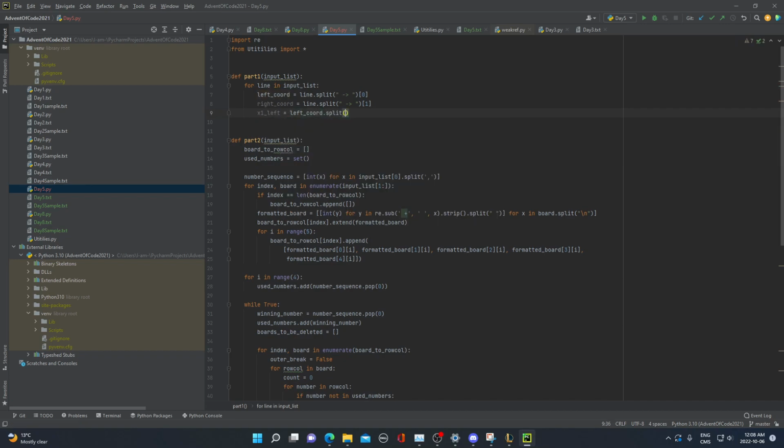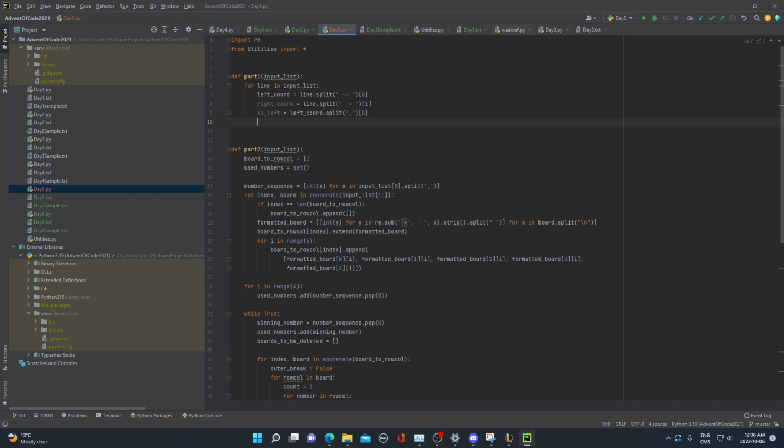We can split the left coordinate by the comma. And then we have y1. Do I even need the left?